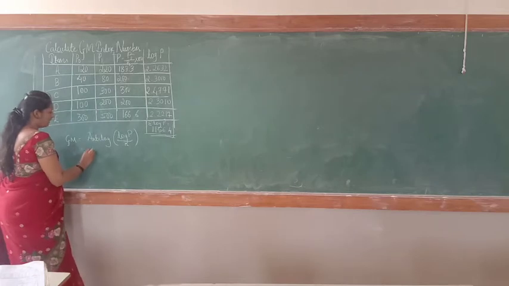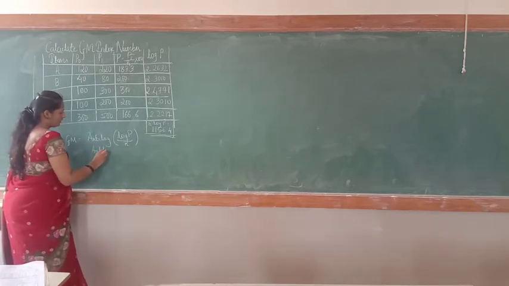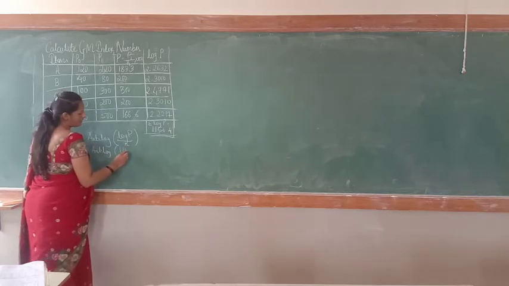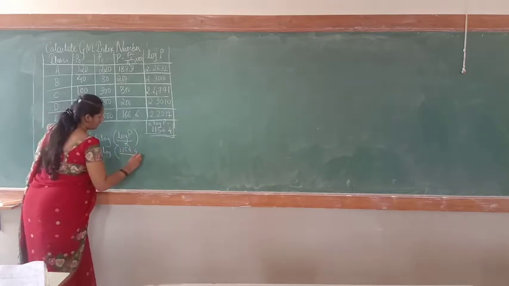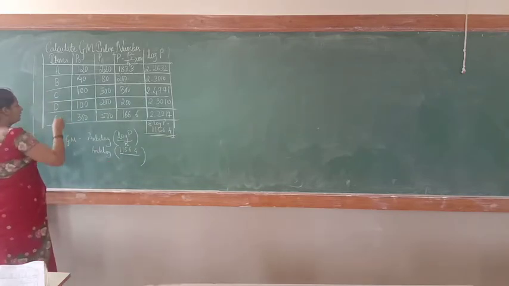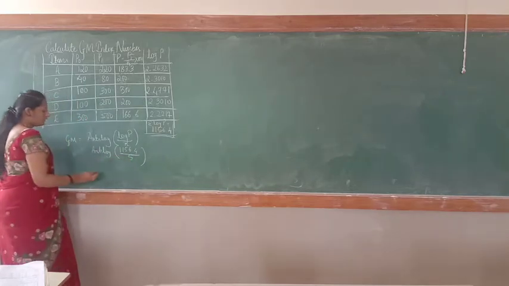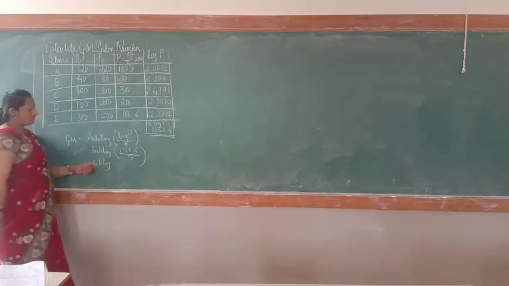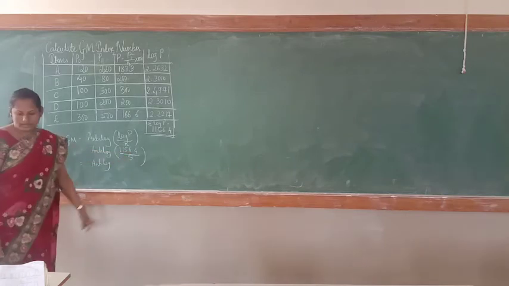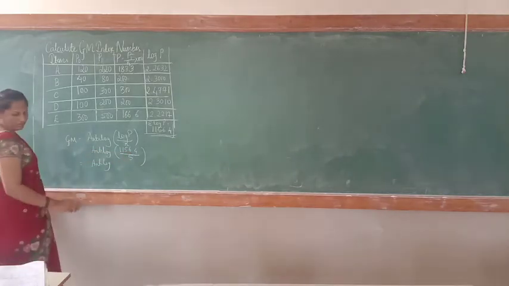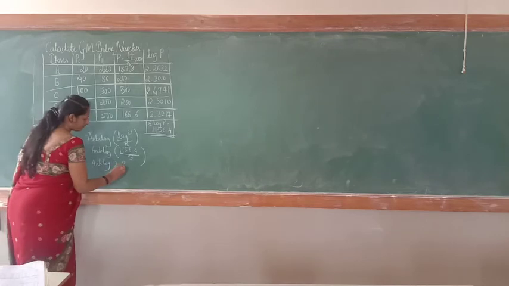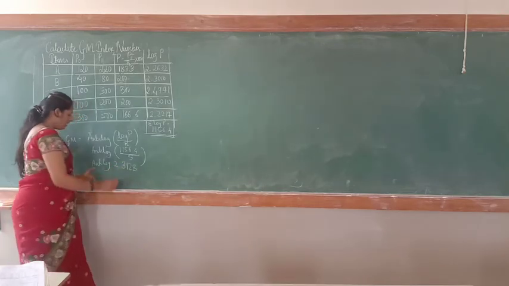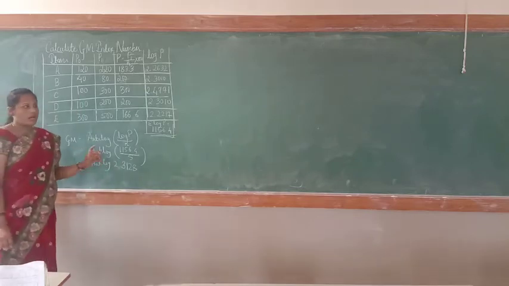Simplified, antilog of, sum of log P is 11.564. n, the number of observations or items, is 5. So divide 11.564 by 5, which is 2.3128.